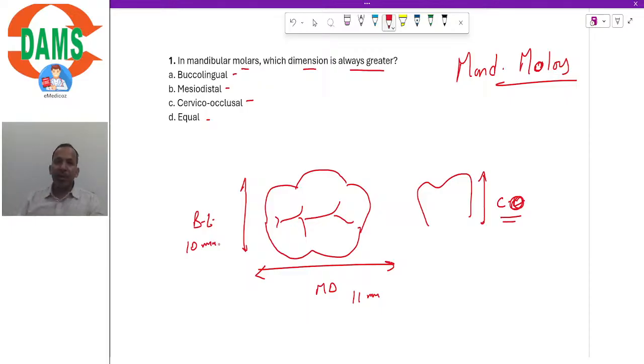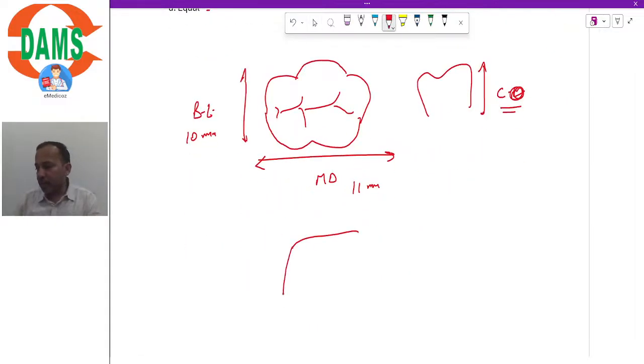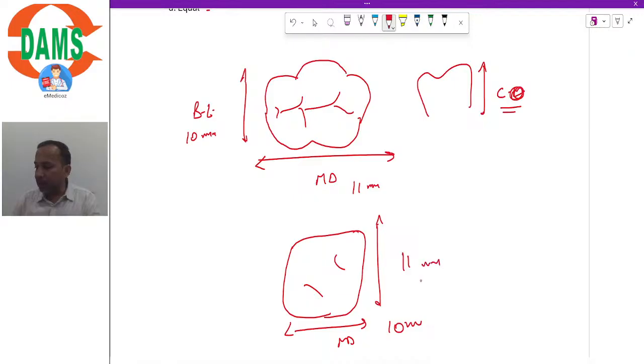When you compare this to the maxillary molars, in the maxillary molar the mesiodistal dimension is 10 millimeters and the buccolingual dimension is 11 millimeters. So for the maxillary it is the buccolingual dimension that is greater, but in the mandibular molars it is the mesiodistal dimension that is greater.